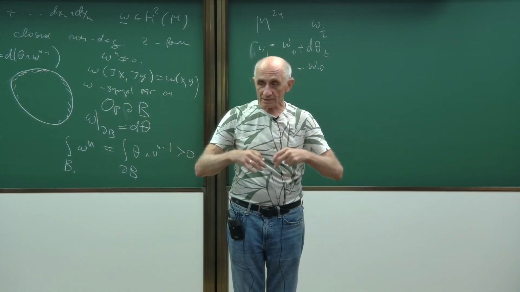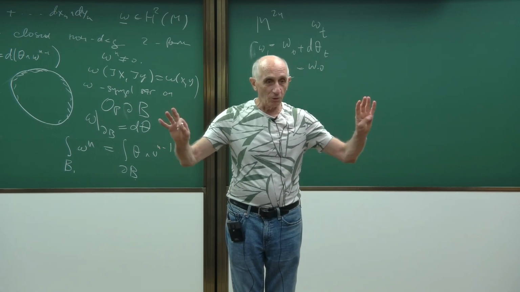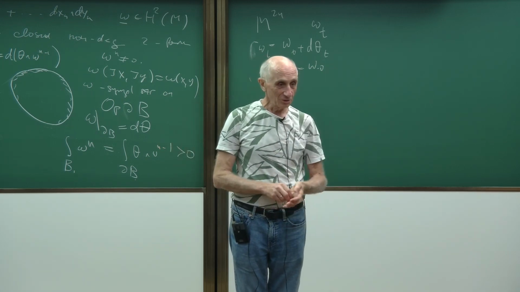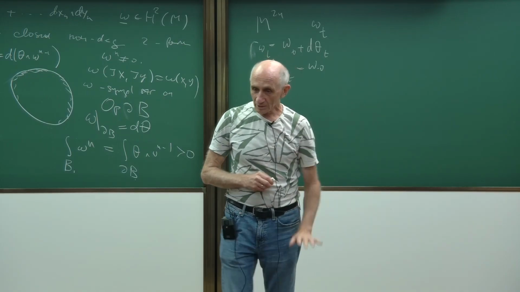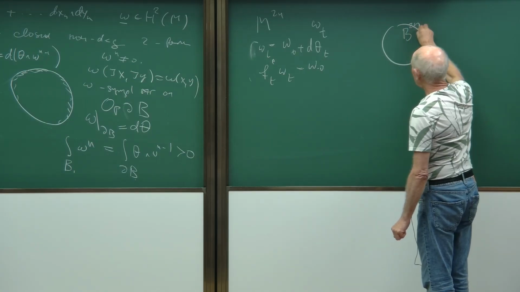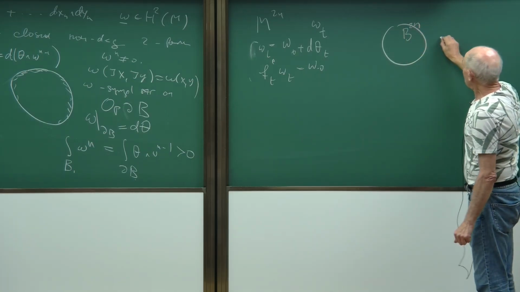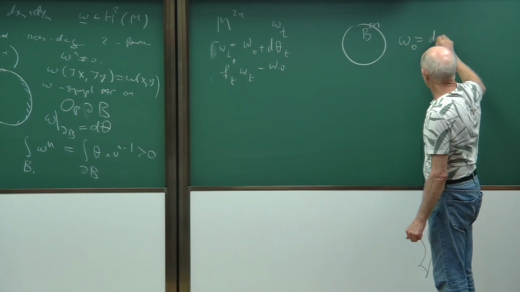For instance, are there any non-standard symplectic forms on the ball which are not homotopic to the standard one? So you take a ball, and on the ball you take a form omega 0, a standard form, like this.